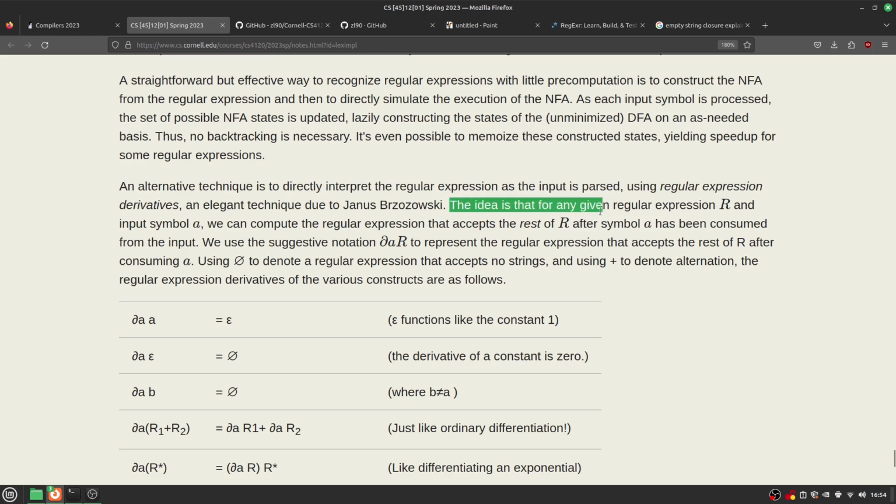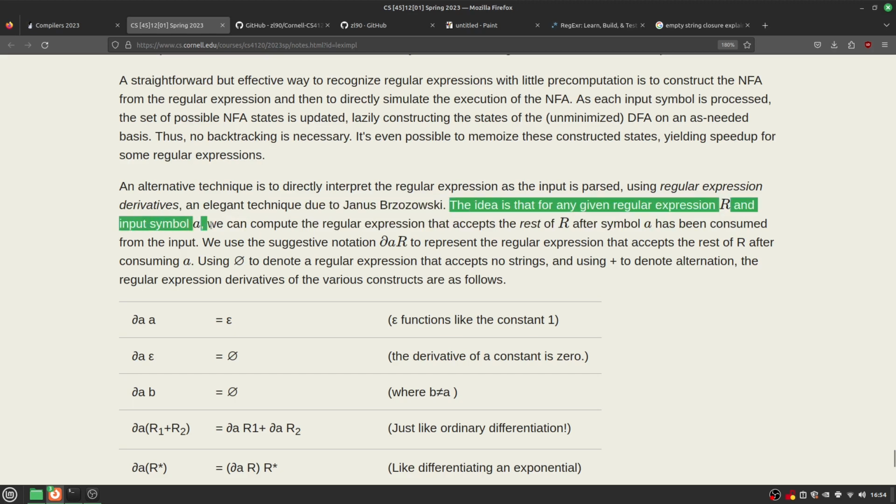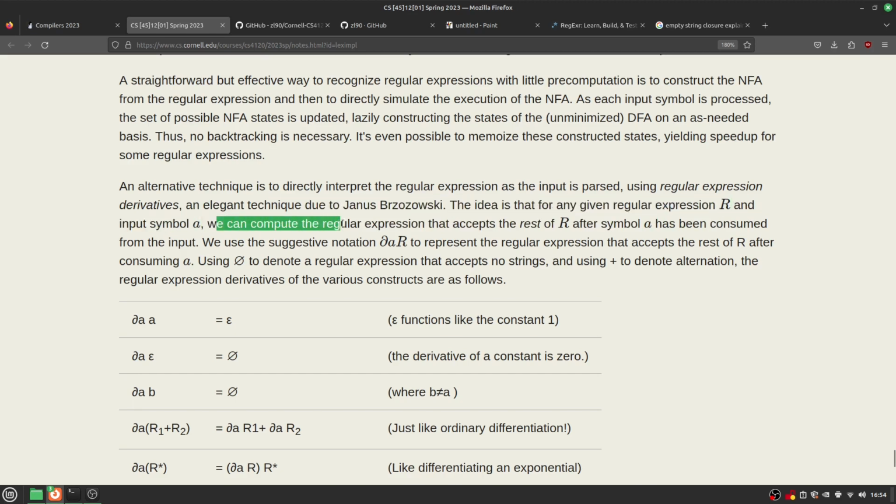The idea is that for any given regular expression R and an input symbol A, we can compute the regular expression that accepts the rest of R after symbol A has been consumed from the input.